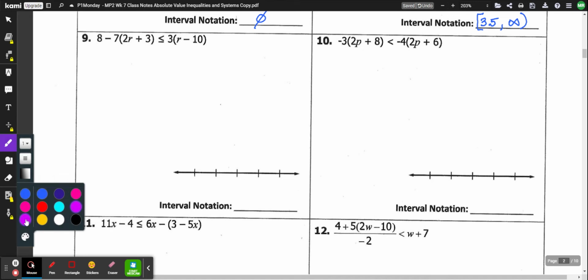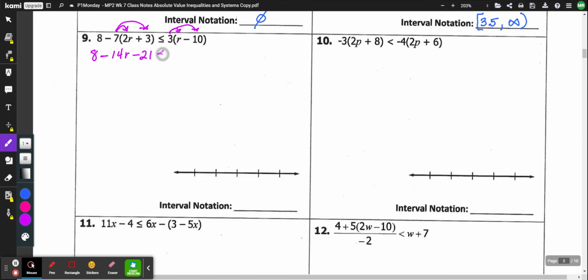Look at number 9. Remember, parentheses first, so we distribute that negative 7, and we're going to distribute this 3. We get 8 minus 14r minus 21 is less than or equal to 3r plus 3 times negative 10, which is negative 30.